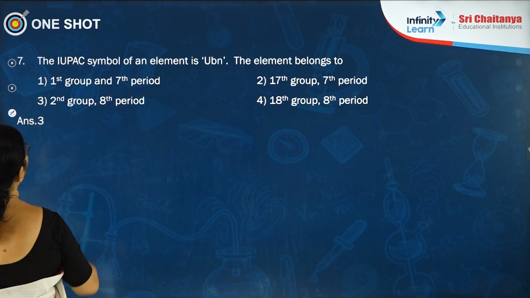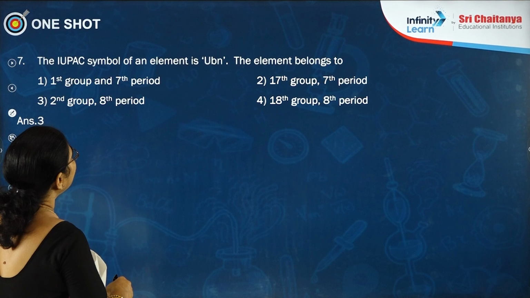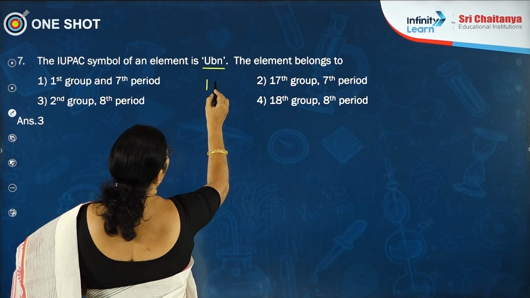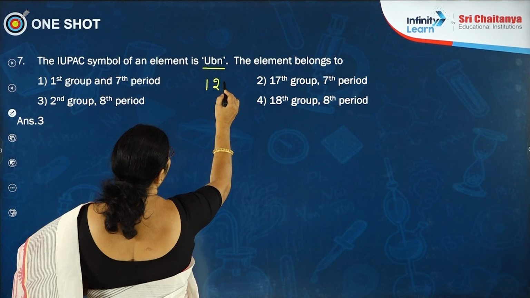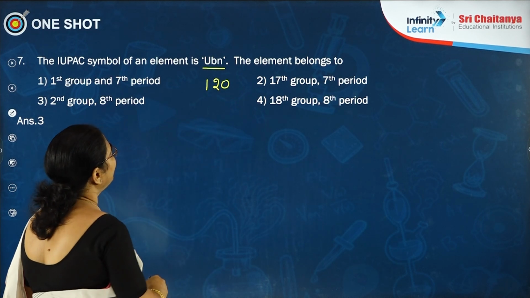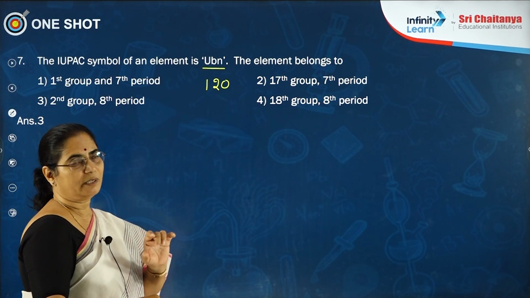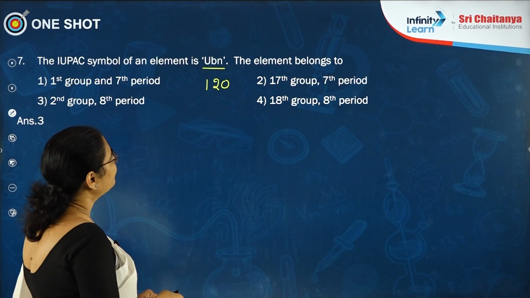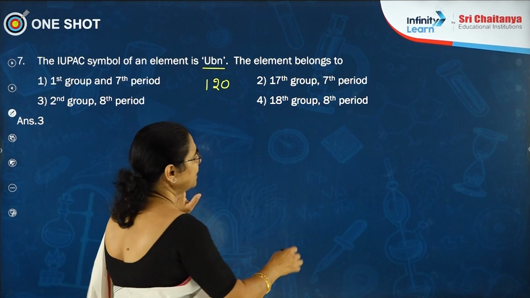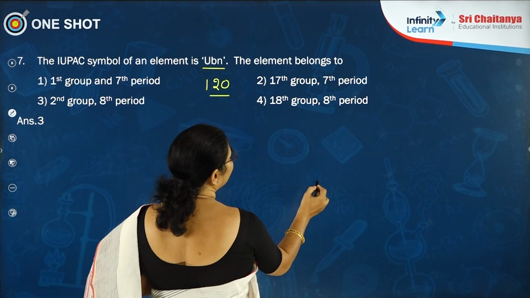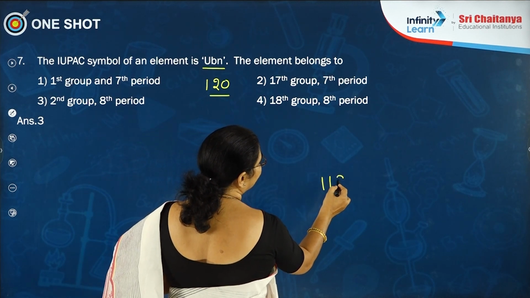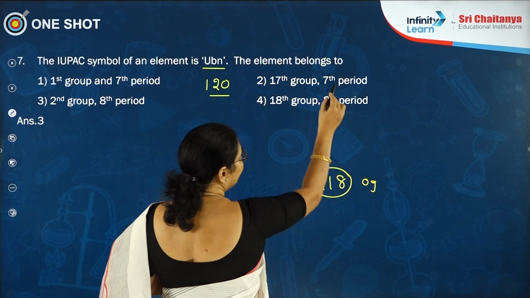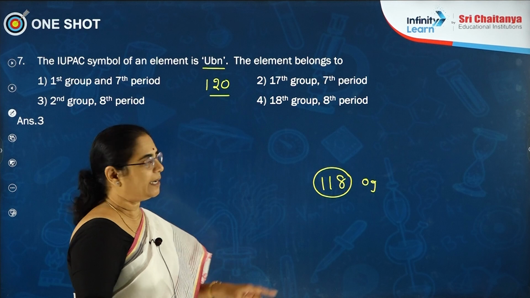Next, the IUPAC symbol of an element is Ubn, the element belongs to which group? Unbinilium, it ends with 'ium'. Unbinilium is the 120th element. Suddenly, if they ask which period and which group it belongs to, what you do is look at the nearest noble gas, 118. 118 is Oganesson, which belongs to the 18th group and the 7th period.